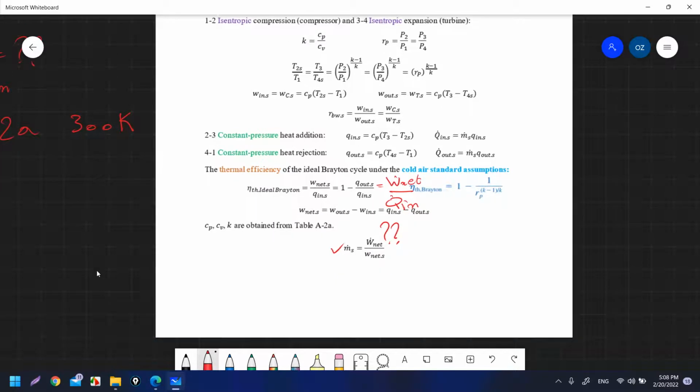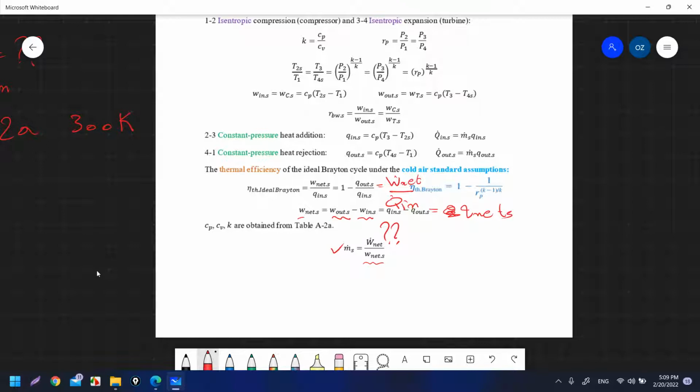But I have that W dot net is equal to m dot s times w net s in kilojoule per kilogram. I have m dot s. I want to find W dot net, but I don't have w net s. w net s, as we said, is the work out from the turbine minus the work in of the compressor, and can be equal to q in s minus q out s, which is q net, because it is an ideal cycle.